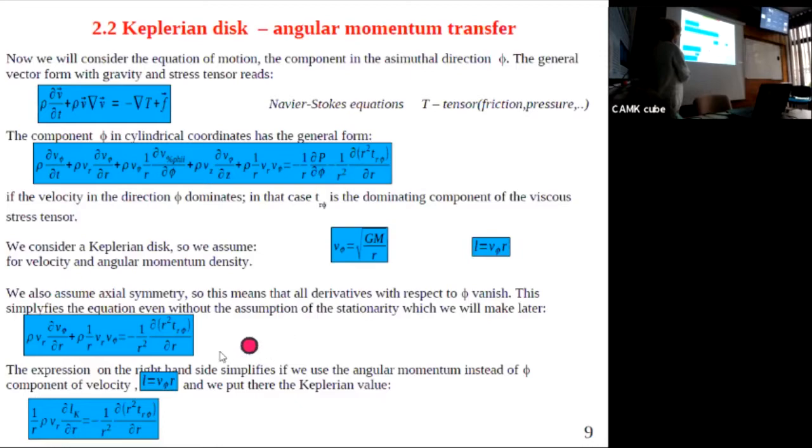It looks really bad, but in that case, it's really convenient to introduce not velocity, but angular momentum density. And in that case, you can write this equation in such a way. So you have just the derivative of the Keplerian angular momentum with respect to radius. And now it is obvious why I said we will care about the angular momentum equation, right?